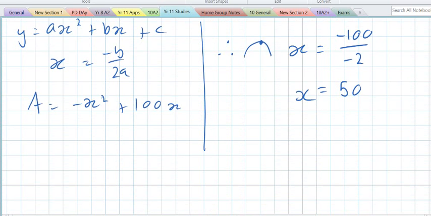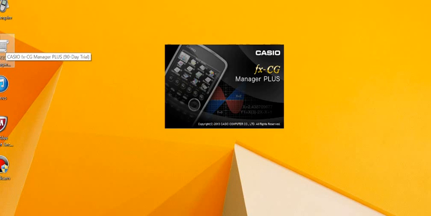Other way to do it is grab our graphics calculator and go to graph mode, which will load eventually.